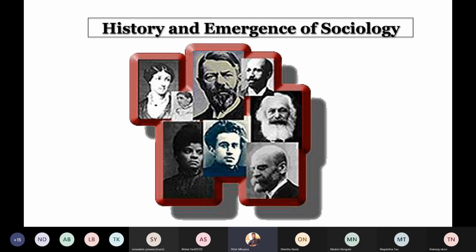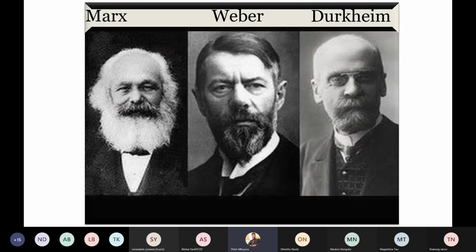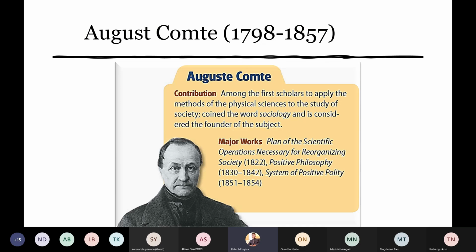The major theorists that we talk about include Marx. Marx is on your left there. The guy is called Karl Marx. And then we also think about Weber, who also came with some great contributions, which we're going to look at briefly in the next part. And we also talk about Durkheim, who also brought some contributions to the study of sociology.